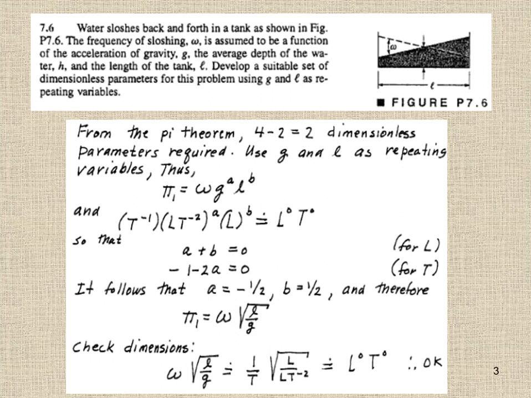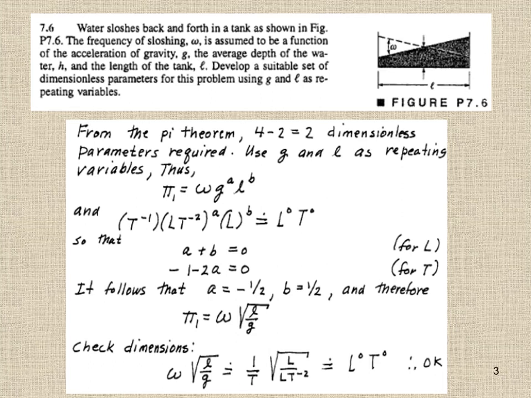The frequency of sloshing omega is assumed to be a function of the acceleration of gravity g, the average depth of water h, and the length of the tank L. Develop a suitable set of dimensionless parameters for this problem using g and L as repeating variables. Here the repeating variables and the variables are both given.